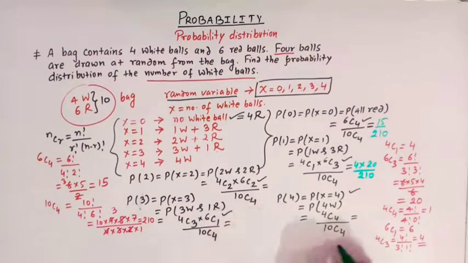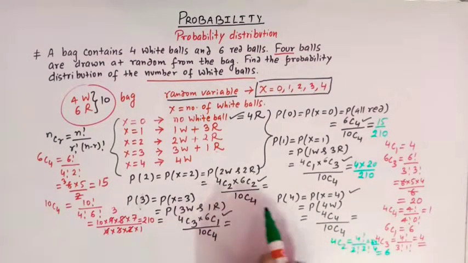Okay, so the value of 4C2 is 4 factorial divided by 2 factorial, and 4 minus 2 is 2 factorial. So here 4 3s are 12, 2s are 24, and here we have 4, so this is 6, right?